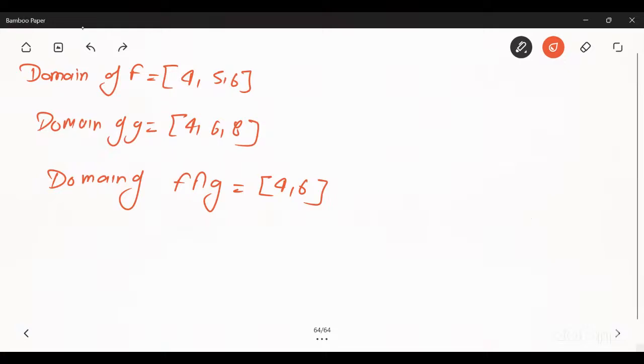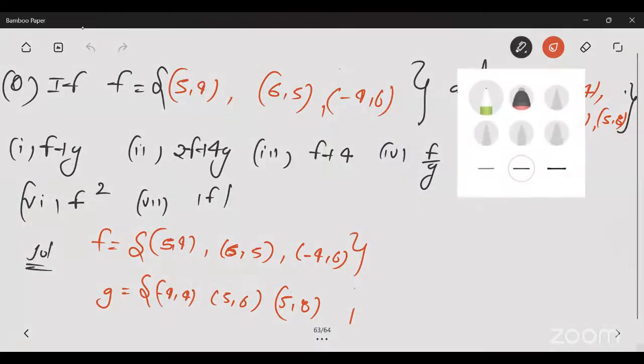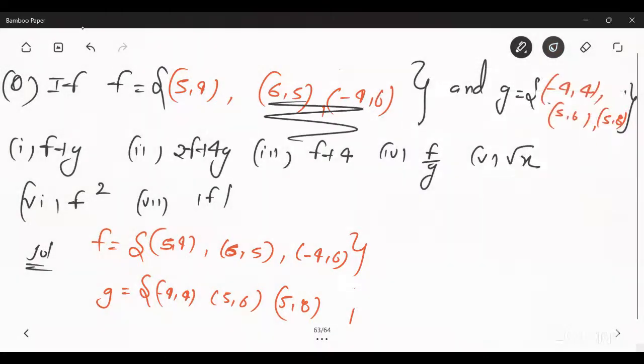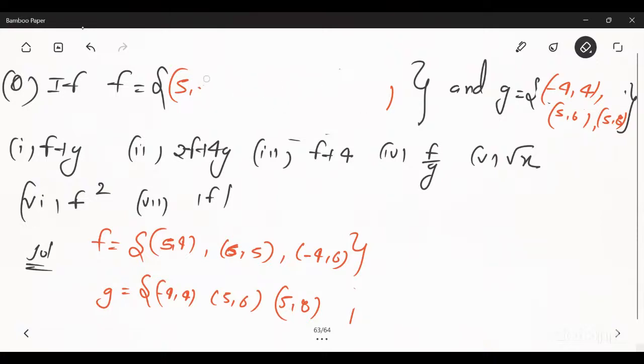So I think that we had written it rightly at first. Sorry, student.